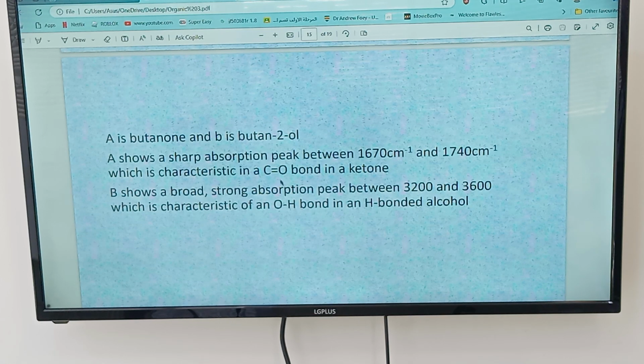Butanone is that have the double bonds between carbon and oxygen, while butanol in the B example, oxygen and hydrogen covalent bond.